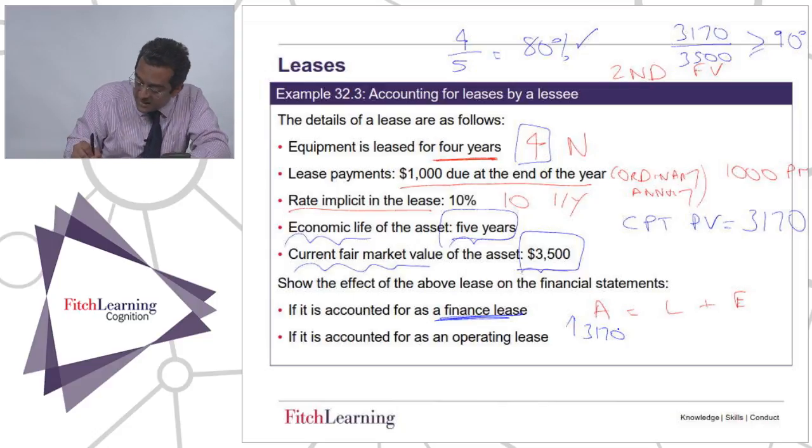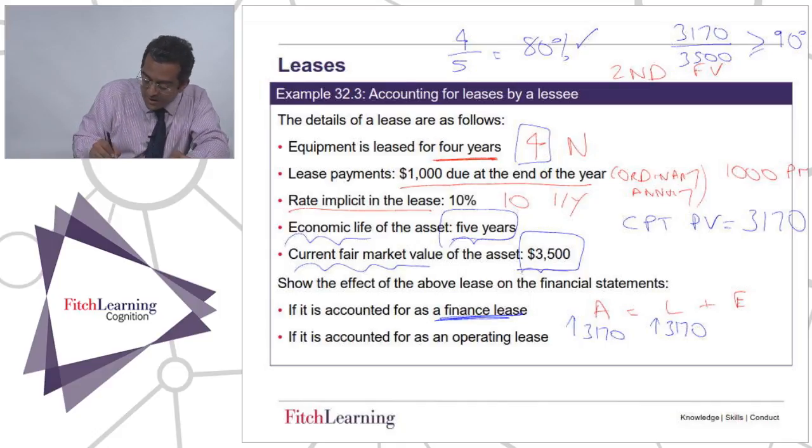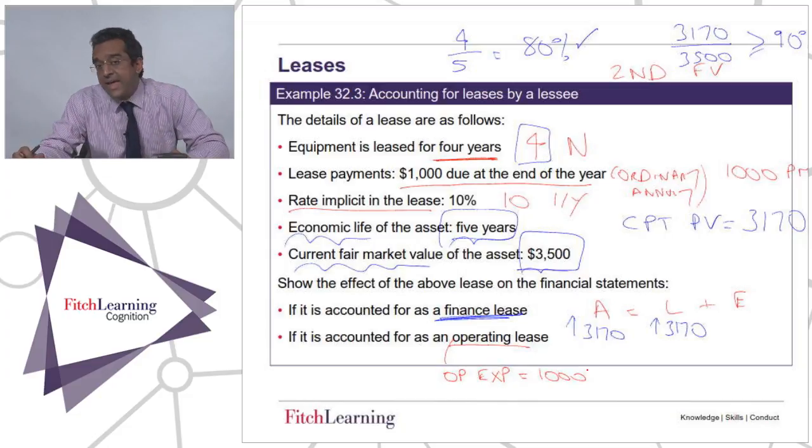And in terms of the liability, again, the liability 3170. Operating leases don't have, of course, a reflection of the asset or the liability. It's simply a rental contract. So there, just to summarize, there's no effect on the assets or liabilities column. You'll just have an operating expense, and that's going to be equal to the $1,000 that you're paying essentially at the end of every year.